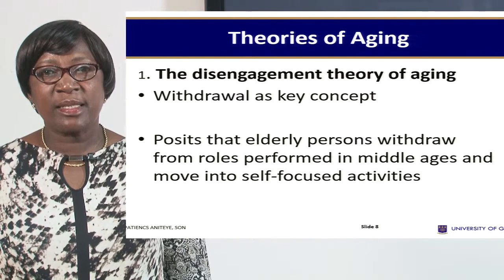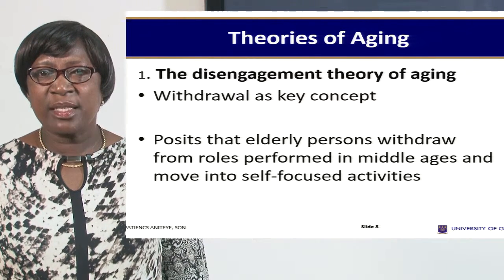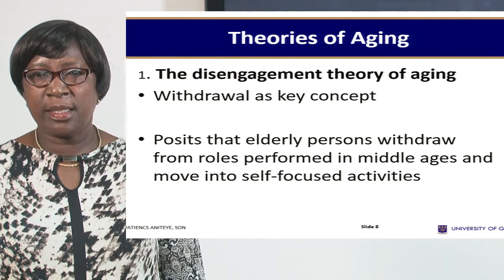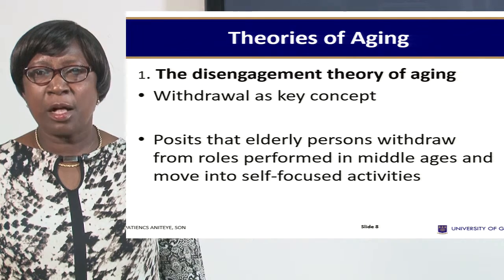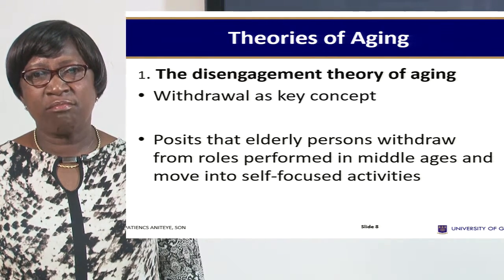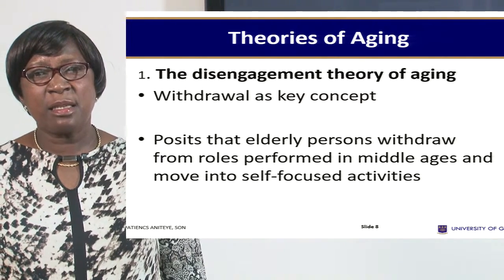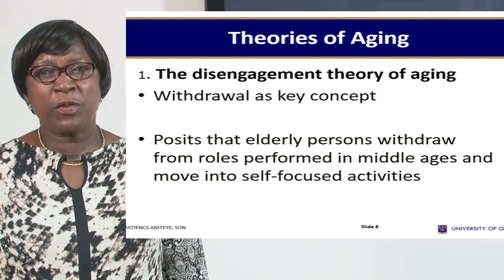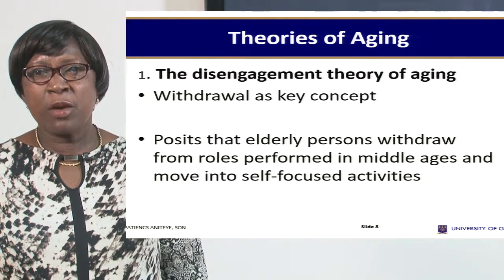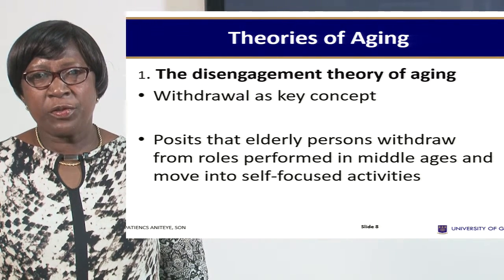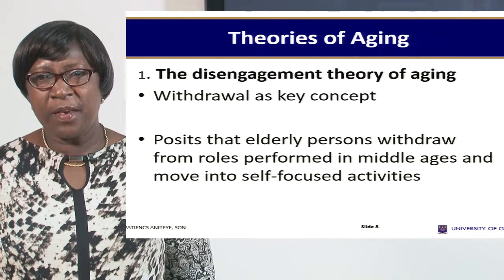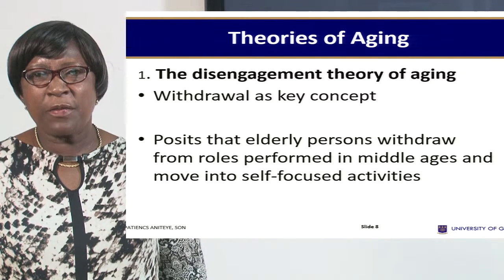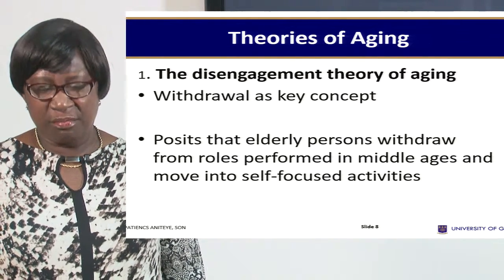This theory posits that elderly persons withdraw from roles performed in middle ages and move into self-focused activities. What this means is that people after certain ages do not actively get involved in so many activities. They withdraw from activities they were performing in their middle ages and now get into self-focused activities.